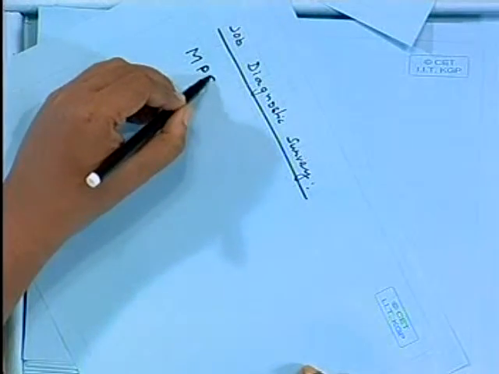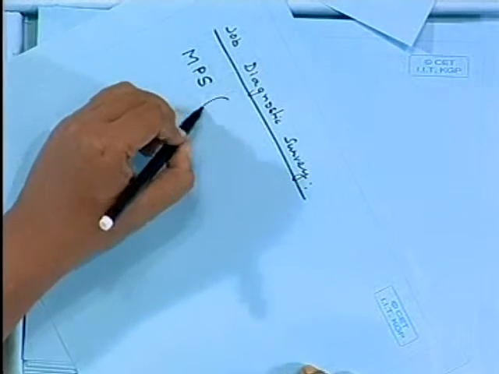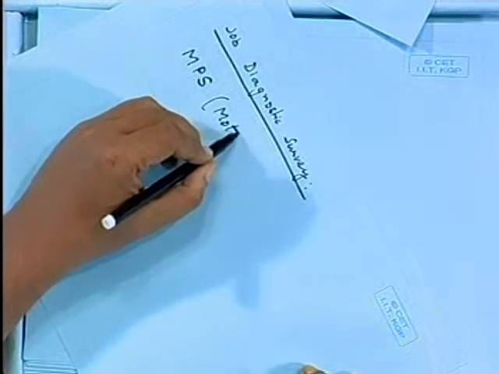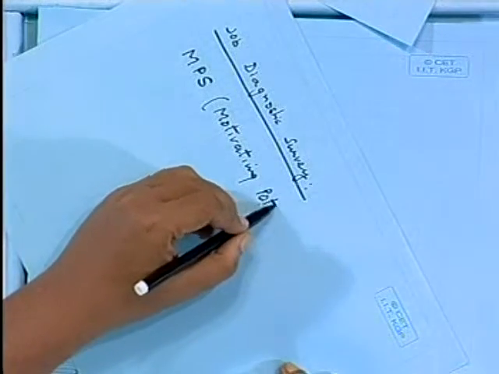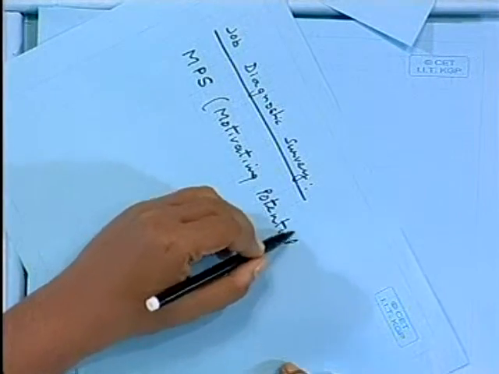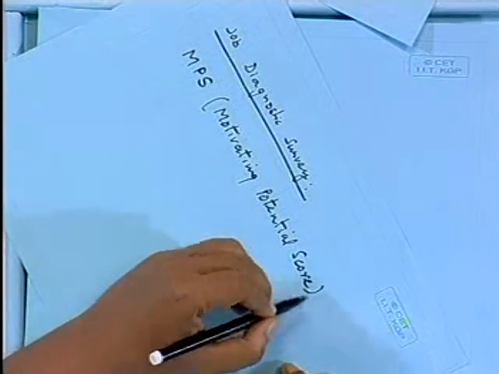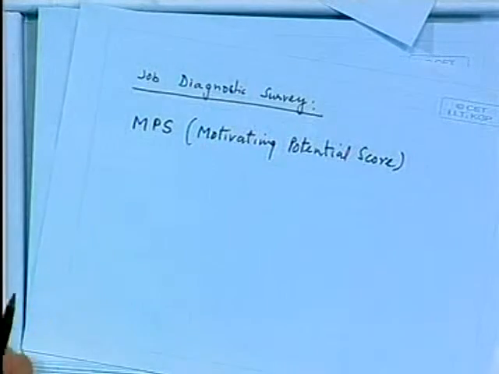So what you calculate basically is a score using a survey instrument, and this is known as MPS. MPS is nothing else but motivating potential score. Okay. So this motivating potential score is calculated. Now how do you calculate this motivating potential score?